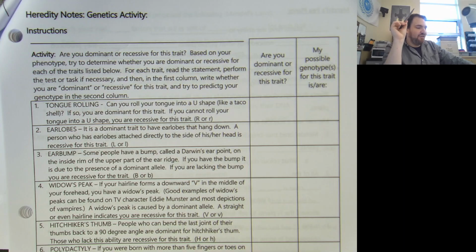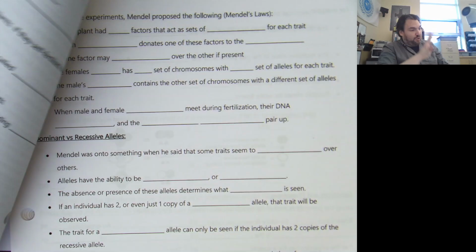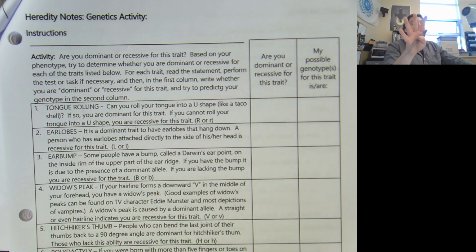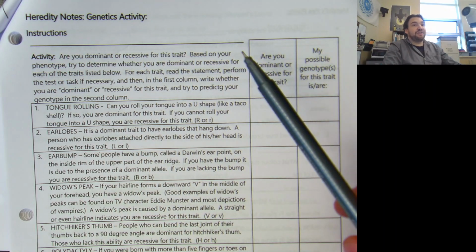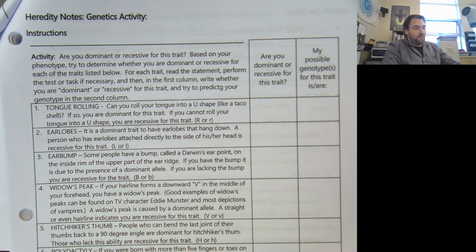Okay, so as we are about to launch into the whole discussion now on heredity, we talked about how genetic code gets passed down from parents onto their offspring. Then those offspring might become parents in their own right. To start this process, I'm going to give you a list of traits here.